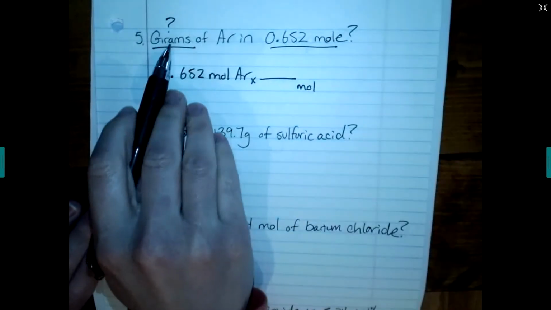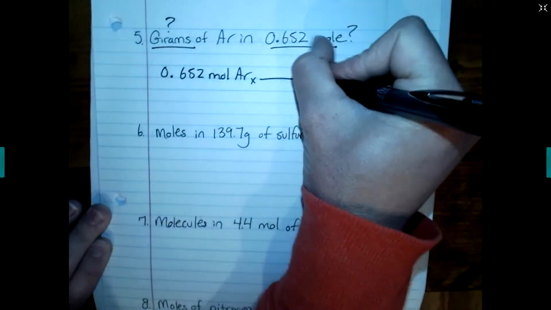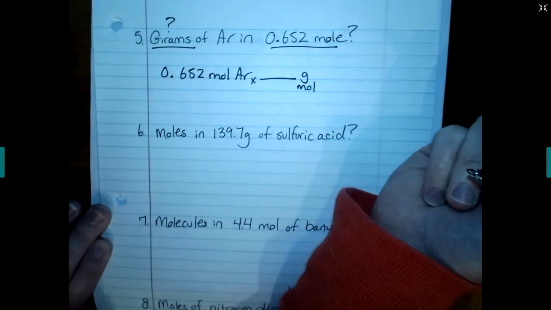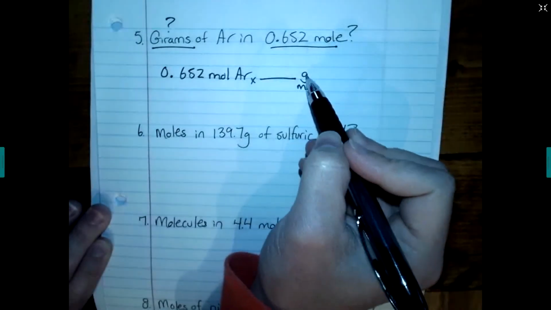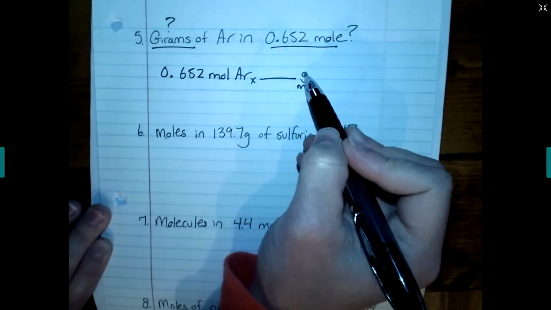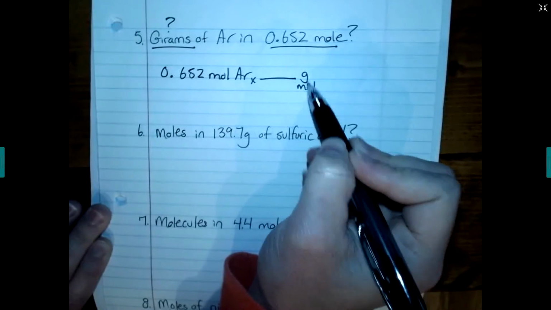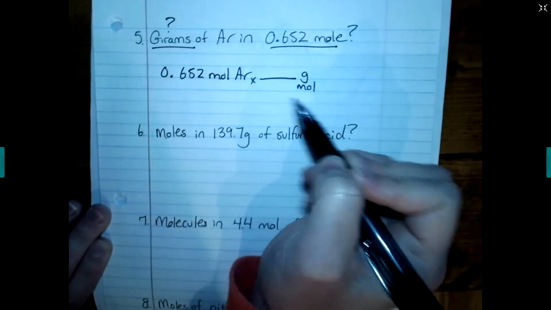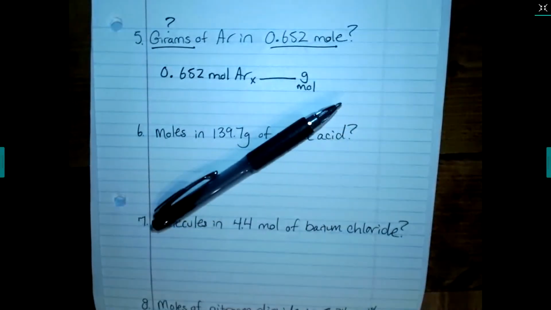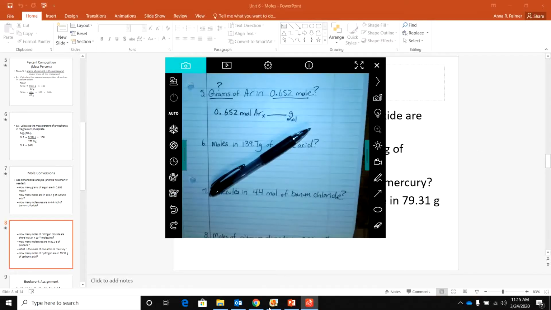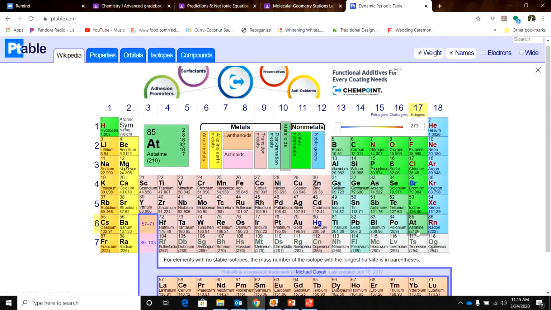We're going to put what we don't know, which is grams, on top. So you might notice that we've set up our problem grams per mole. So we're going to be plugging in the molar mass for argon. So looking at our periodic table, argon's mass is 39.95.